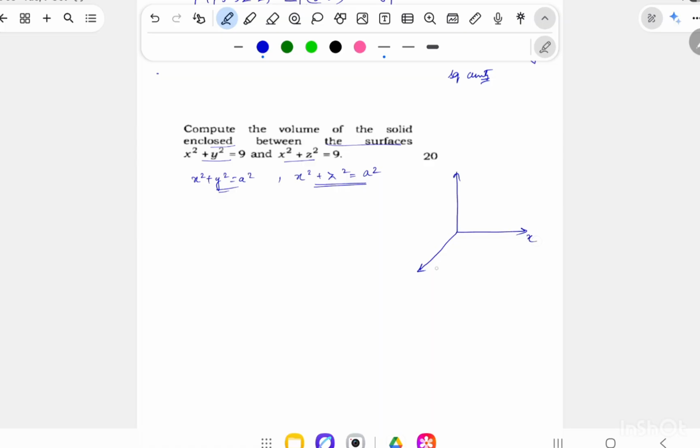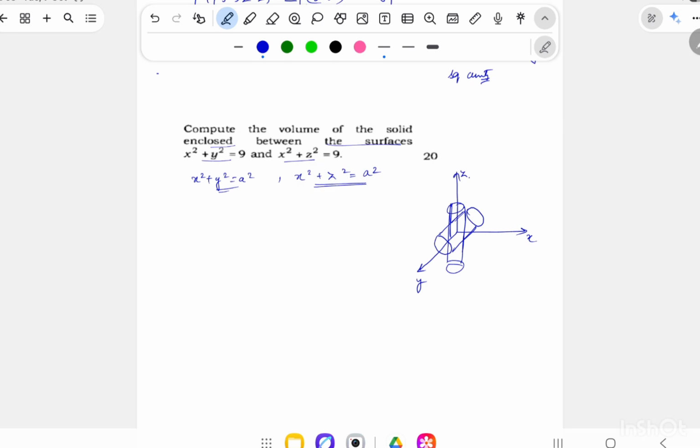This is x axis, this is y, and this is z axis. So we have one cylinder like this, and another cylinder like this. So we need to evaluate the volume that lies in between, that is common between both the cylinders.